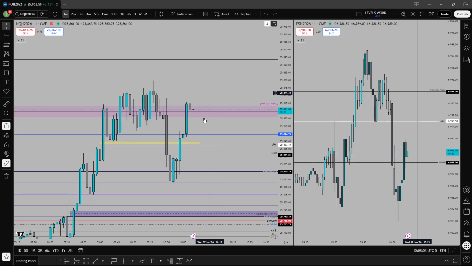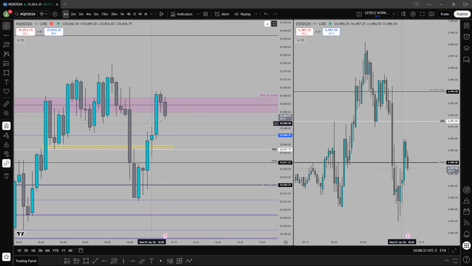I'm looking at this gap. I don't want it to close it fully.